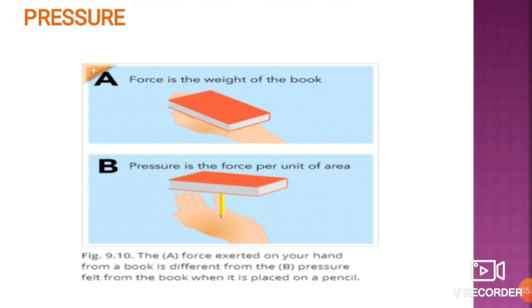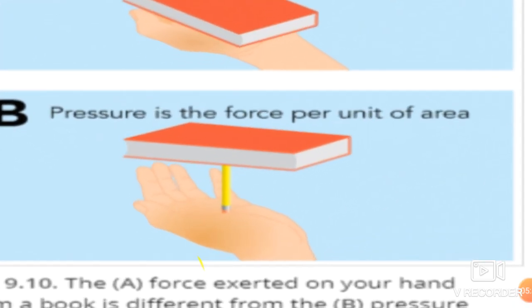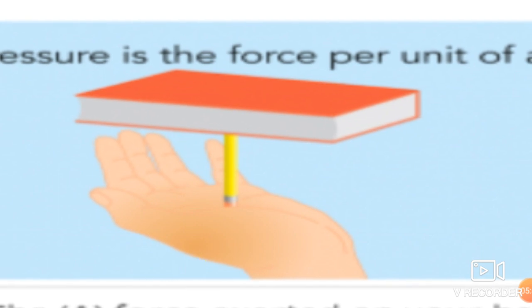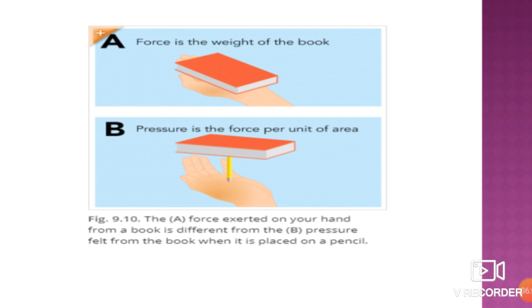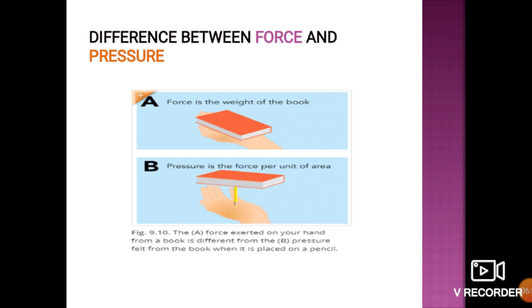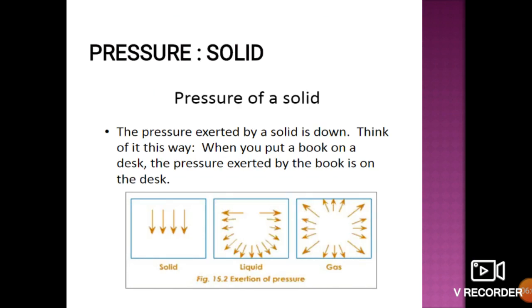The pressure is felt when the book is placed on a pencil, because the pencil exerts pressure on your hand at a specific area. That is the force per unit area, collectively known as pressure. This is the basic difference between force and pressure.